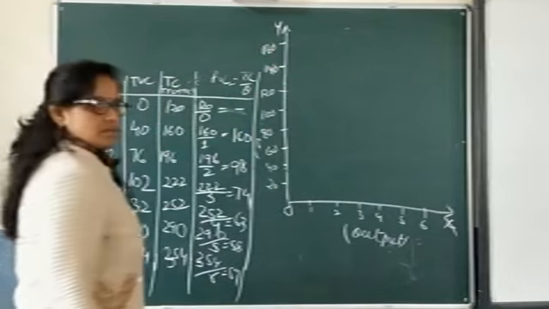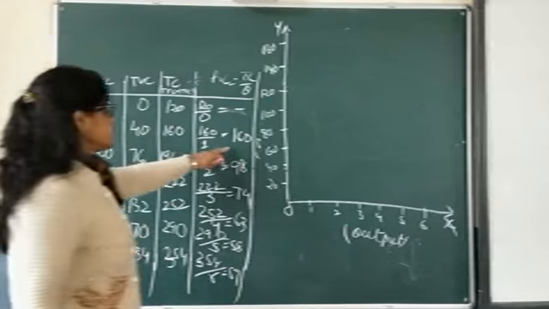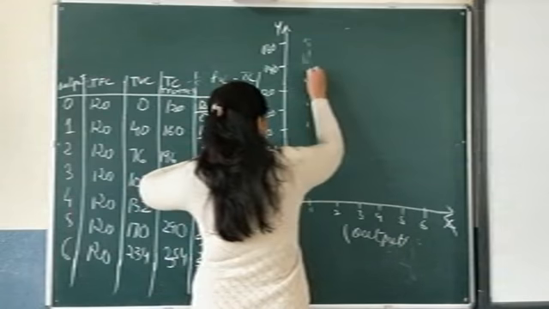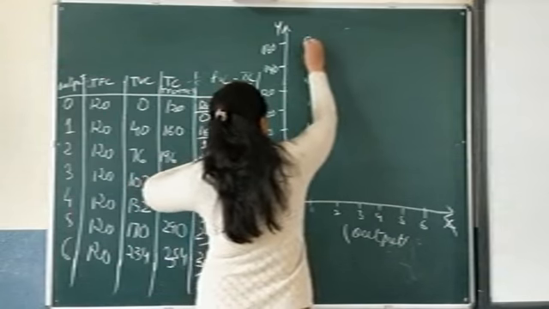This is your y-axis. Okay? So at first it is 160. So at first we will go till 160. This is the first point.